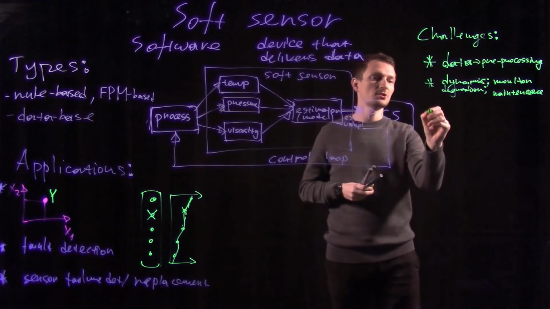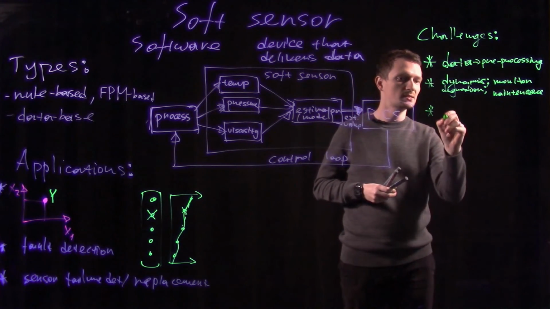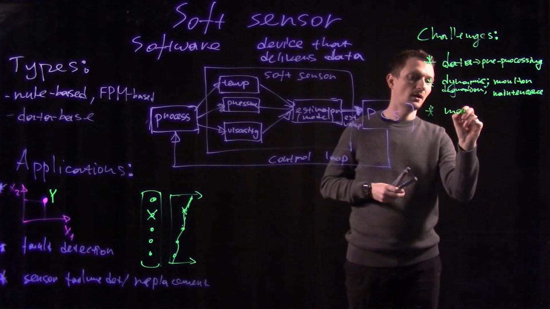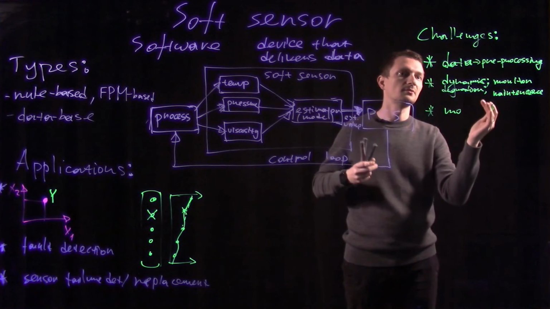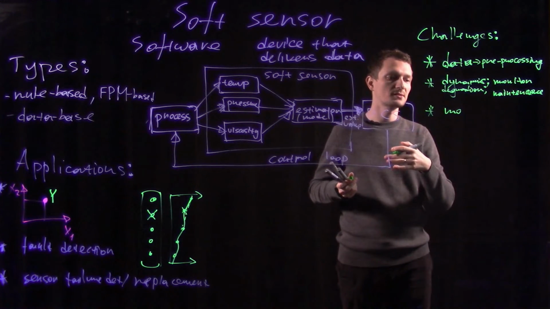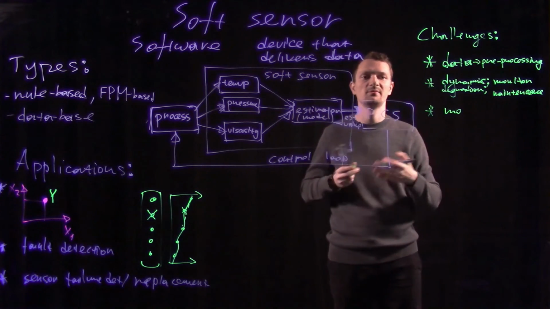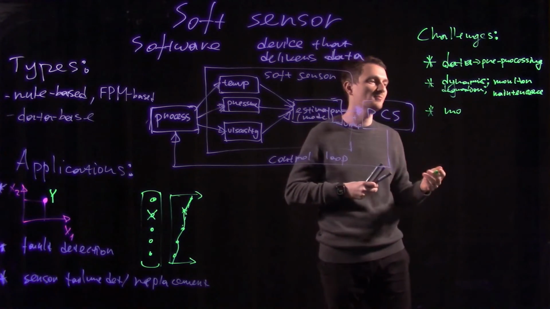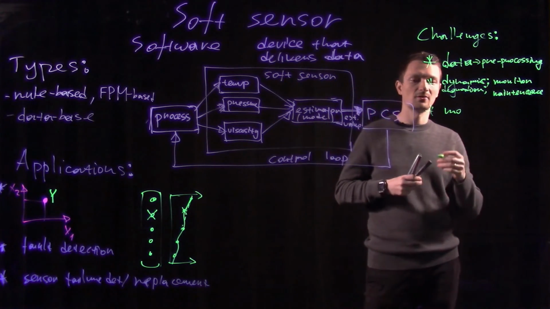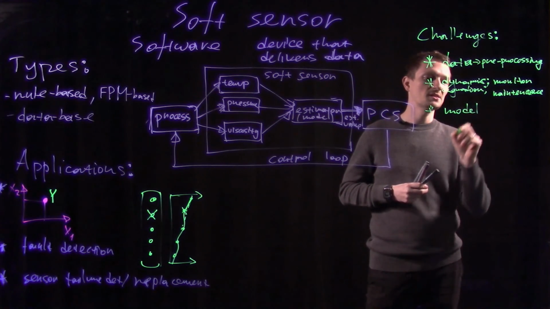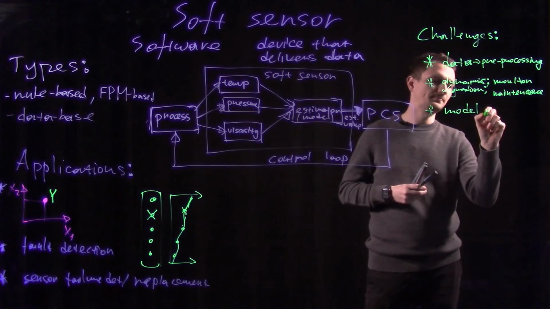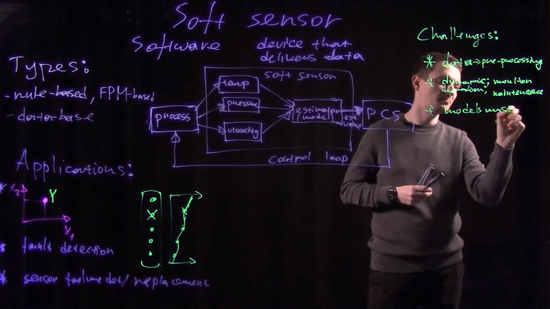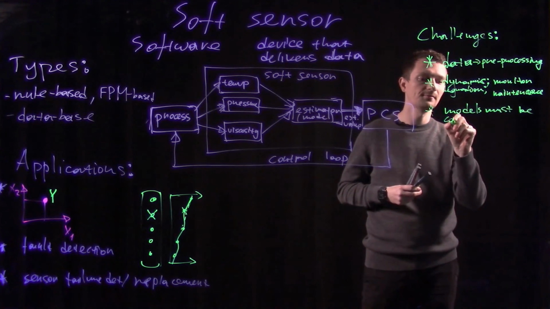The third challenge we will be talking about is modeling. As I already mentioned, the processes, the phenomena we are describing with models in process industries and chemical industries are very complex, and that means we also need very complex models. So models must be complex enough.